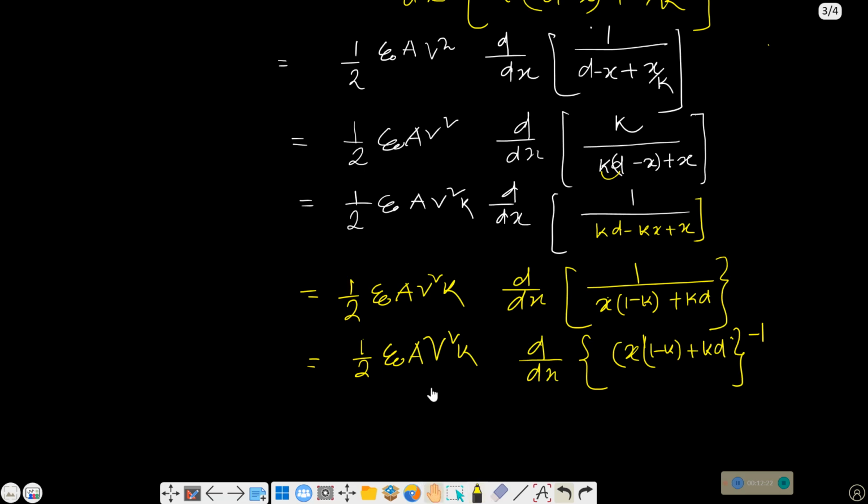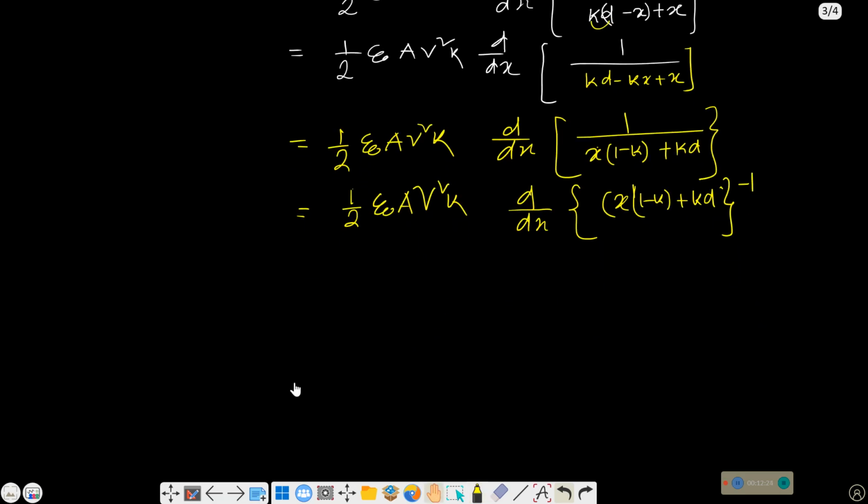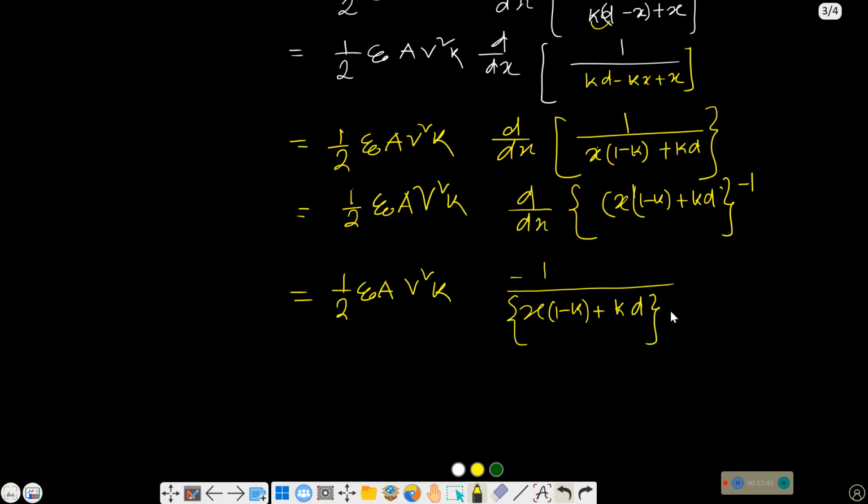So when we do this, what we will get is half epsilon naught A V square k, times minus 1 by x into 1 minus k plus kd whole square, and here 1 minus k.